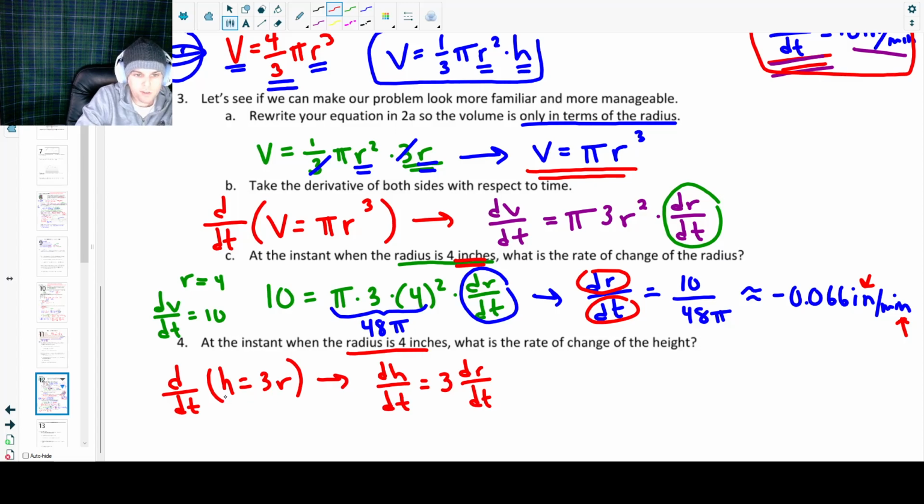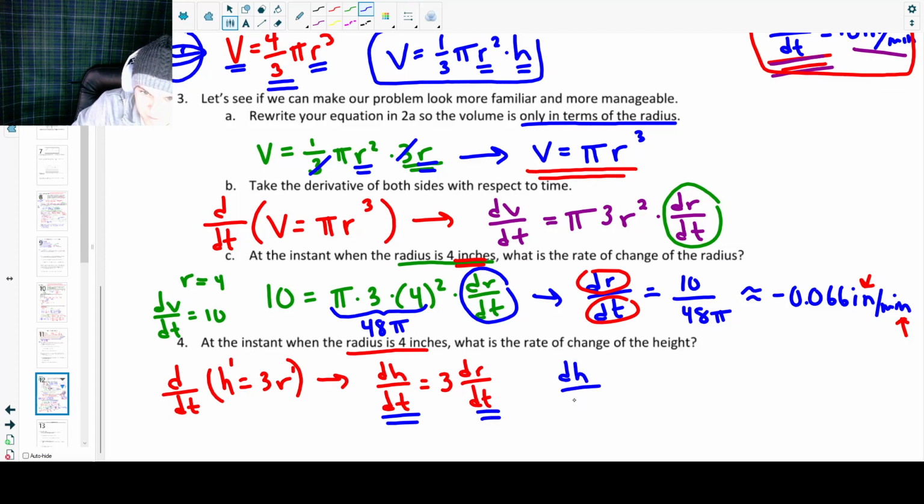All I did was take the derivative of this h, remember h to the first power, so that's just going to be 1, or dh/dt. And then the derivative of 3r, again, r to the first power here, is going to be 3, remembering our dr/dt. So the change in height is equal to 3 times the change in radius.